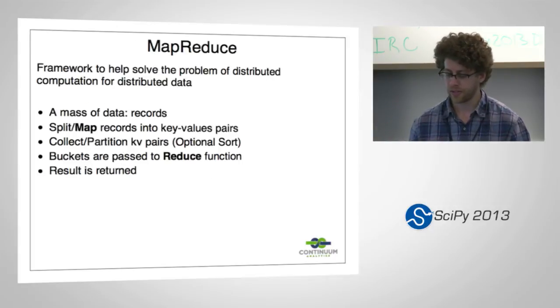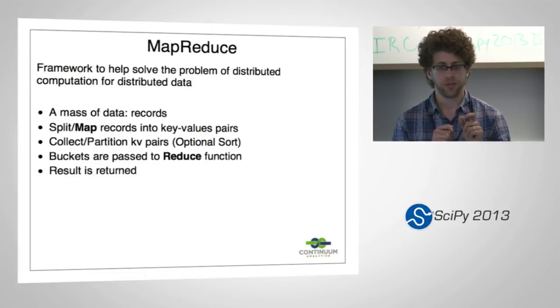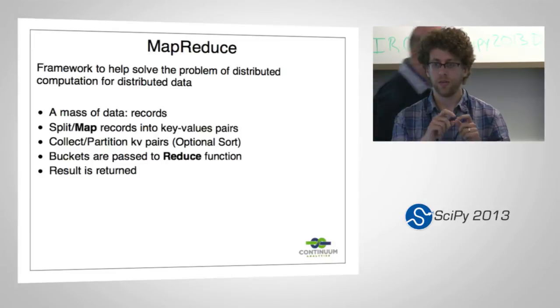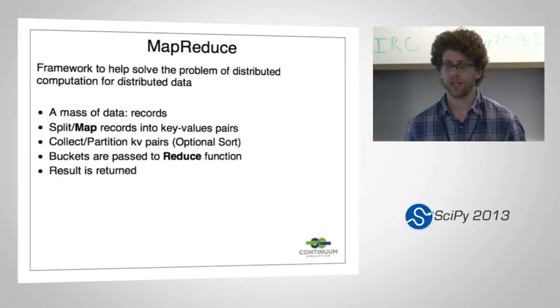But the algorithm itself is actually not so complicated. You have a list of records, or you have a mass of data, and you send each record to a mapper, and that mapper assigns a key to whatever that line of data is. If it's a log file, it might just be whatever that line in the log file is, or if you have a bunch of binary data, you might key off of some element in the binary data, and then you assign it a value.